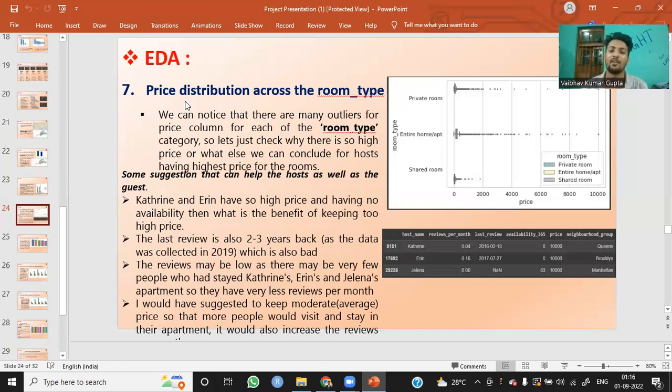If I were a person at Airbnb, I would suggest keeping an average price for the room to maintain good reviews.